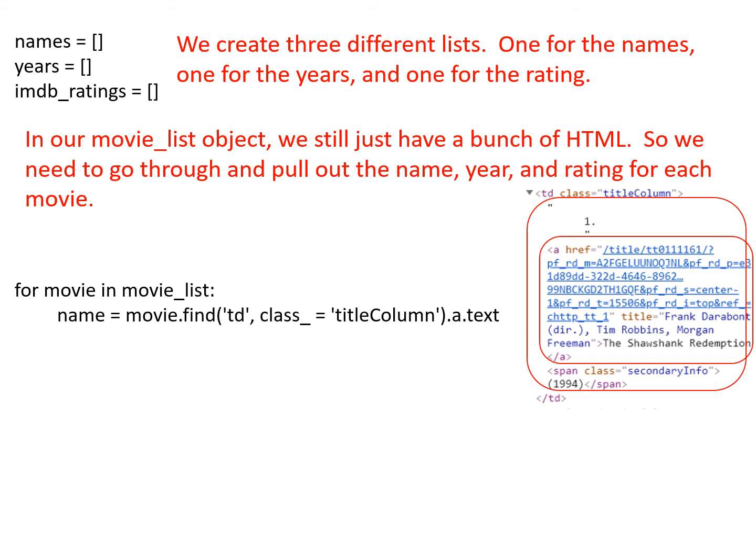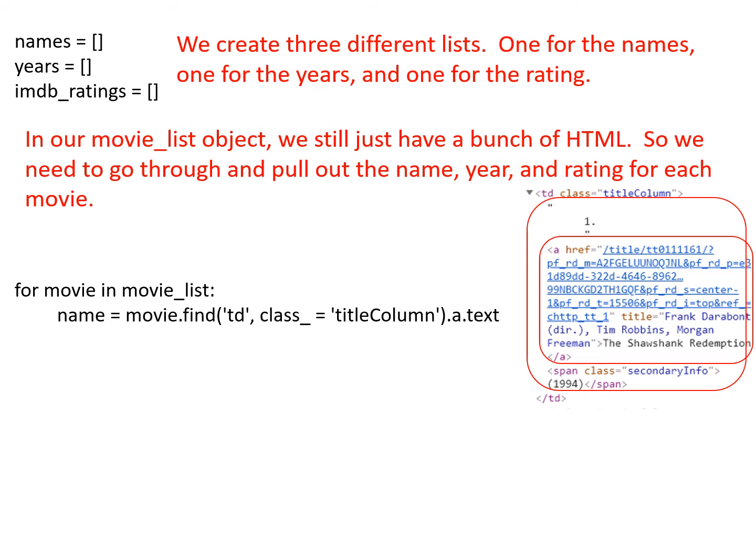Okay, so the right side of that equal sign is narrowing down and getting the text that we need. And on the left-hand side of the equal sign, we put what we want to call this. Since it's the name of the movie, we'll just call it name. Now, that's one little name, but we want to put it in the list of names that we created up above.